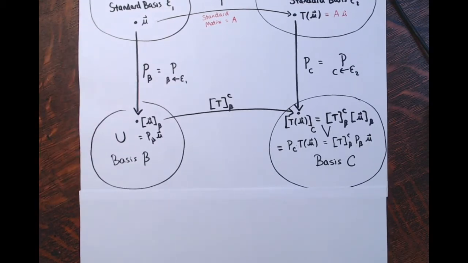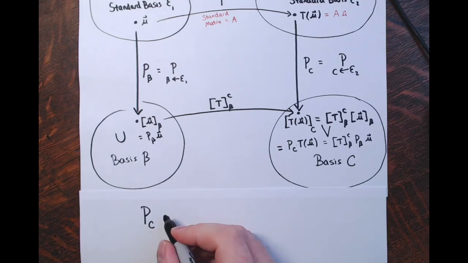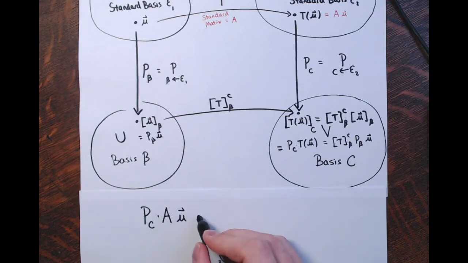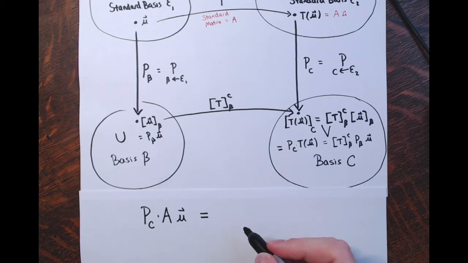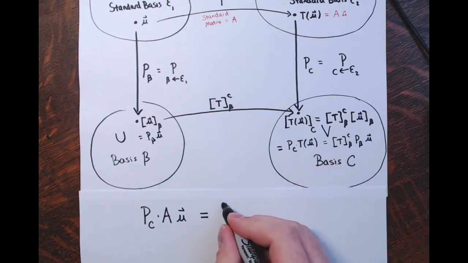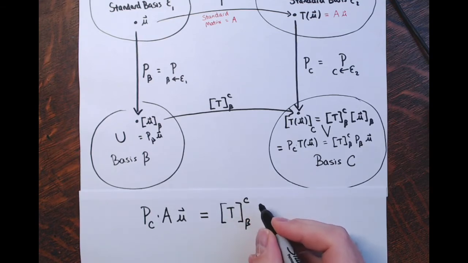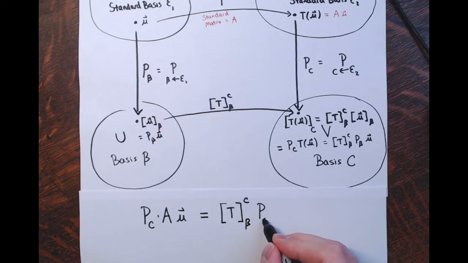So what we're seeing in the end is that PC times T of U, so PC times A times U. Again, A is the standard matrix, PC is the transition matrix from the standard basis of V to C. This should be equal to our matrix representation multiplied by PB multiplied by U. Right.